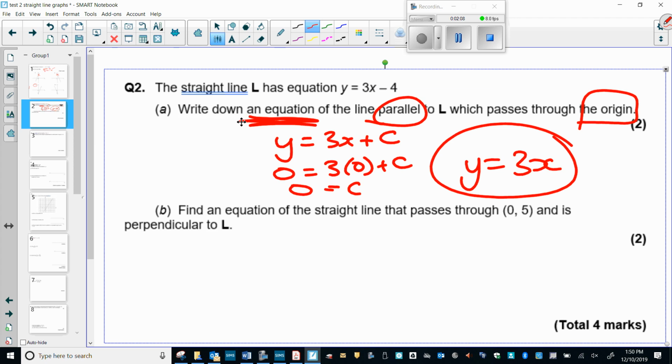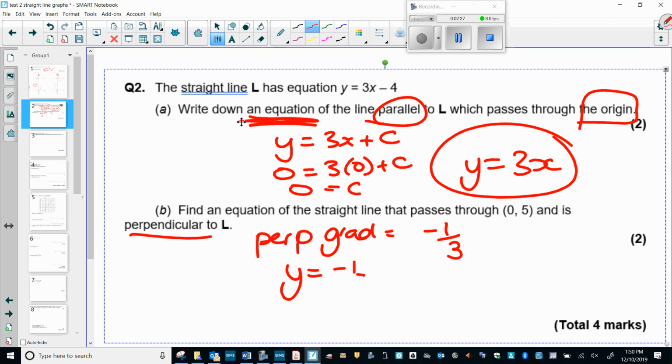Find an equation of the straight line that passes through 0, 5 and is perpendicular to L. Okay, so what's the perpendicular gradient going to be? The negative reciprocal, which is negative 1 over 3. So we're going to have y equals -1/3 x plus c.